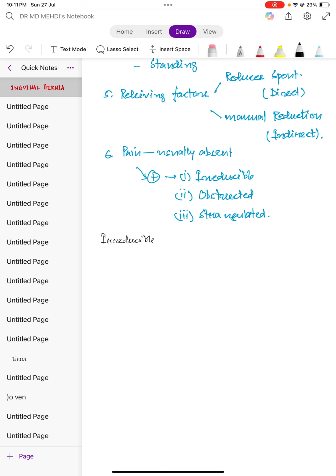Irreducible means, suppose this is the hernia you are seeing, and inside this is the sac. So we can see the sac now, and suppose this is the bowel content.